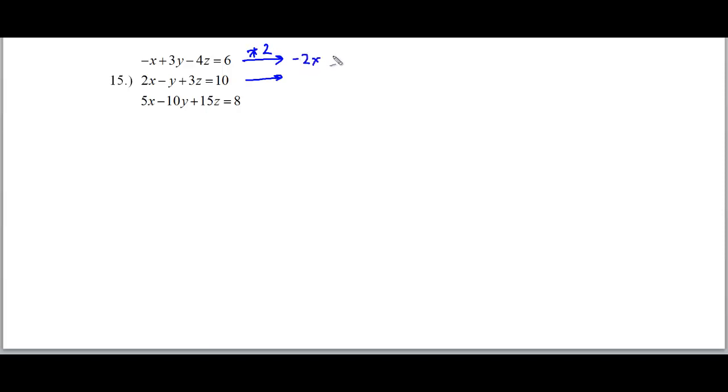This gives me negative 2x plus 6y minus 8z equals 12. And then down here, this is 2x minus y plus 3z equals 10. Okay, so the x's simplify out. This gives me 5y, negative 5z equals 22.